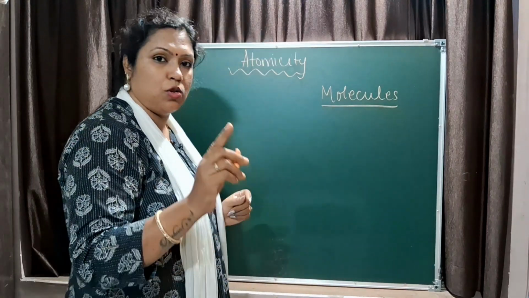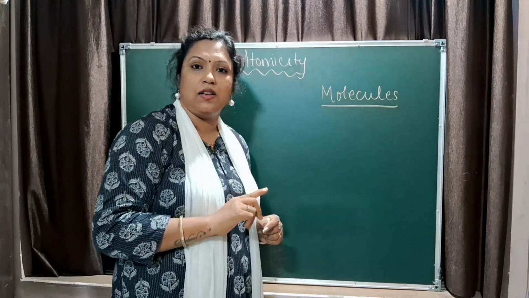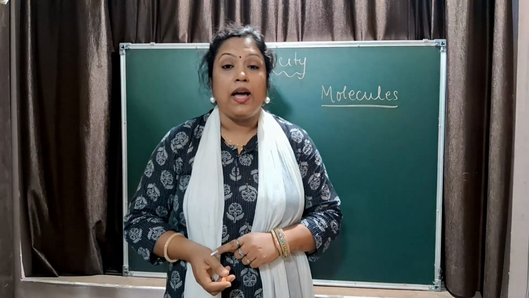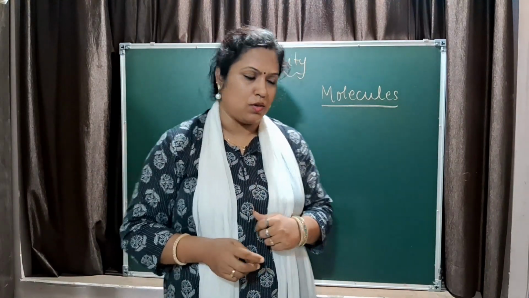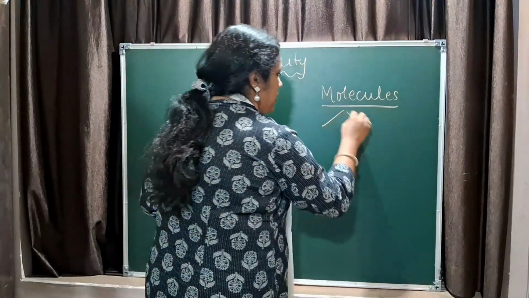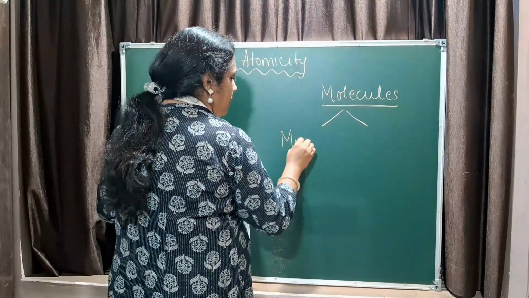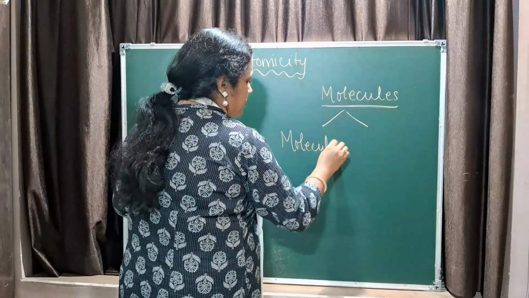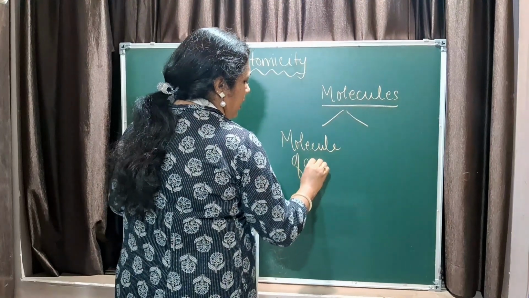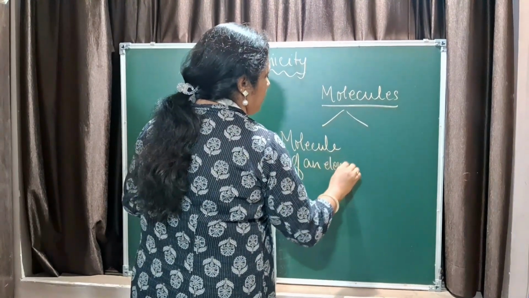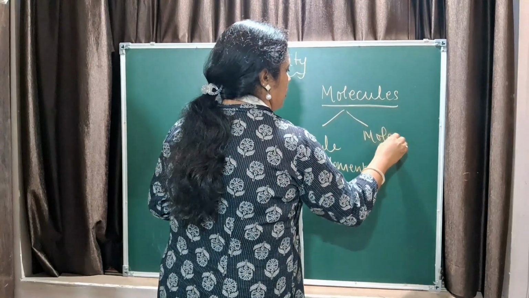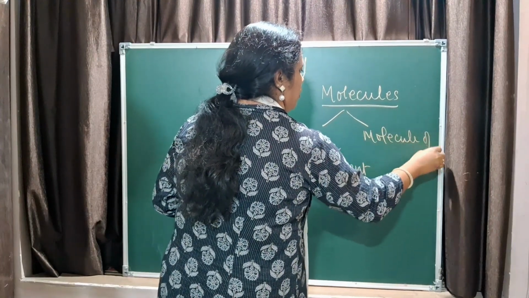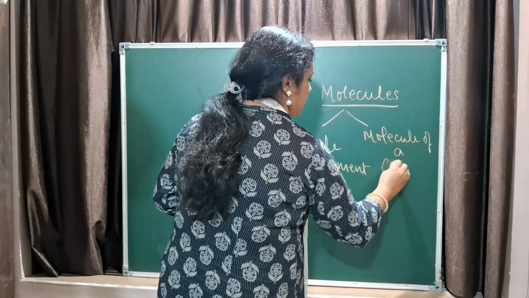As you know, those who have attended my previous lesson on atomic structure and even on formation of ions, you know that there are two types of molecules. What are those? One is a molecule of an element and one is a molecule of a compound.